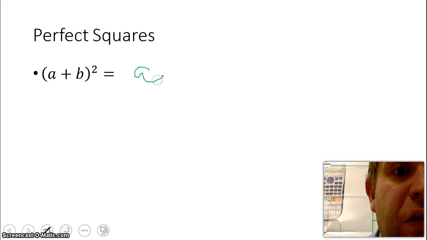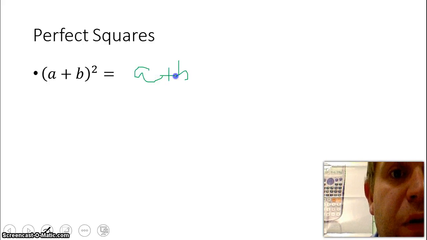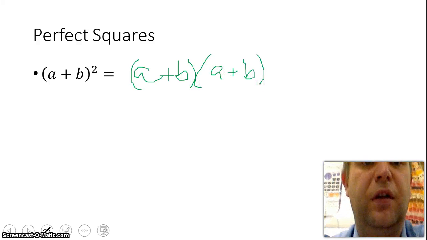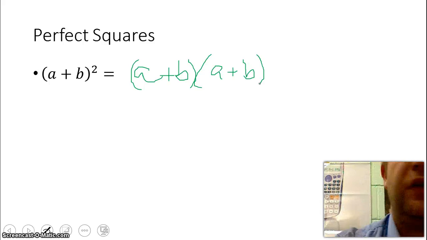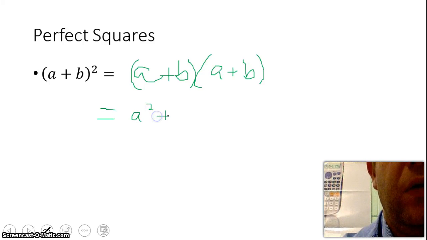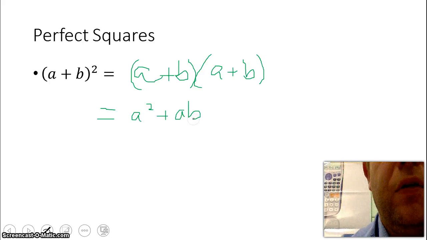So this is the same as (A plus B)(A plus B). We use exactly the same process as when we're expanding. A times A gives us A squared, B times A gives us AB, B times A gives us AB, and B times B gives us B squared.